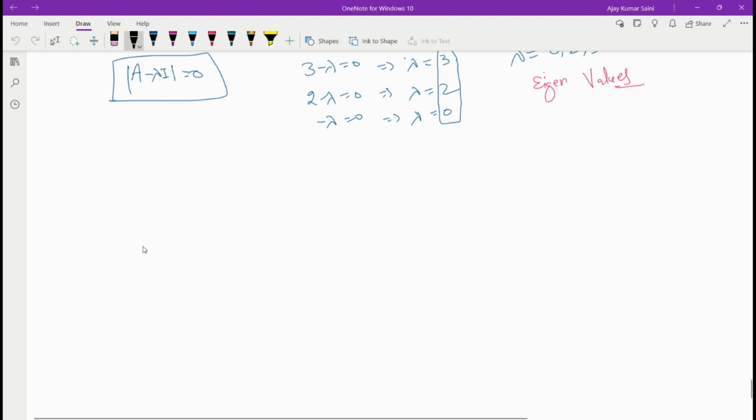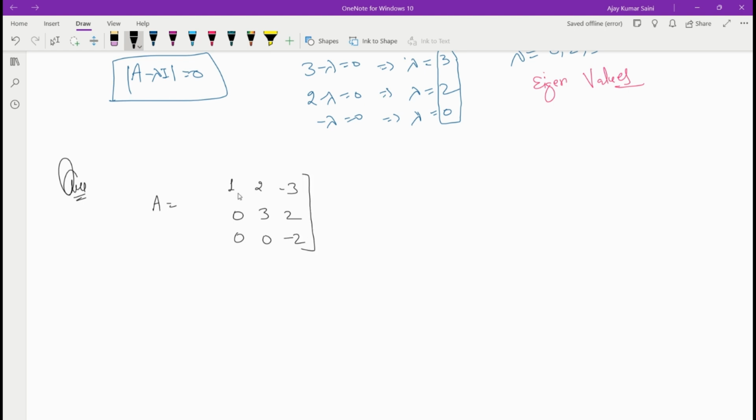So there is a matrix here, a matrix A. The matrix is 1, 2, minus 3, 0, 3, 2, 0, 0, minus 2.